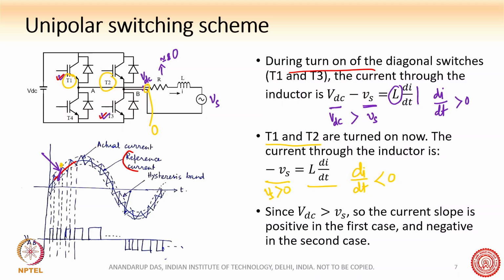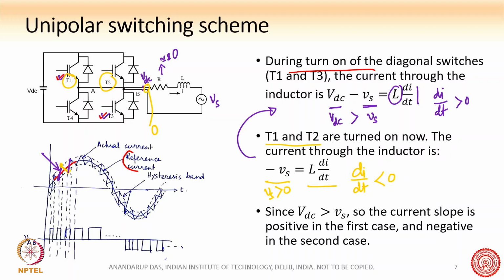So the current will fall. Again it will reach this lower point, and once it reaches the lower point, again we go back here and the current will rise once more. So we can alternately use the switches T1 and T3 and T1 and T2.